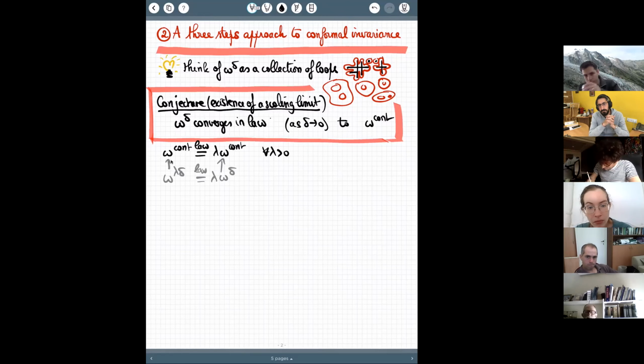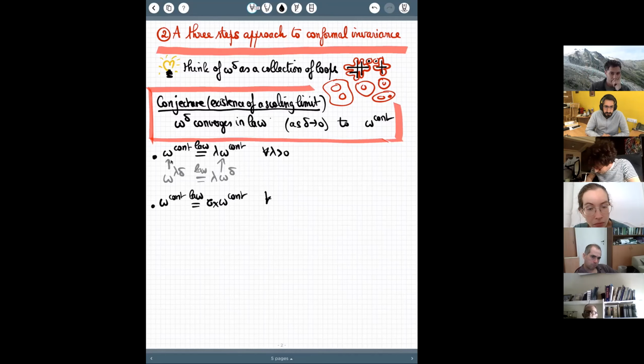In the same spirit, you also get that omega continuous has the same law as tau x omega continuous for any x in R2, where tau this time is the translation by x. Okay? And this is the same thing.